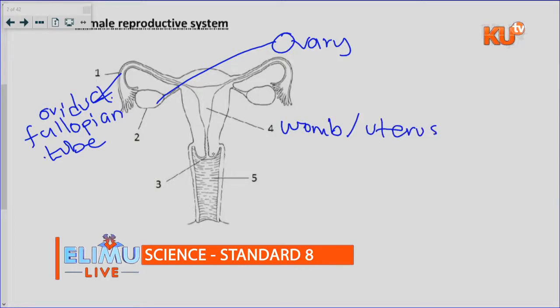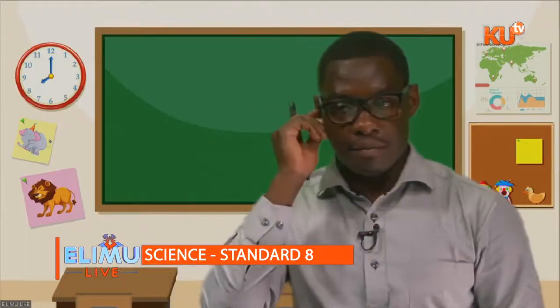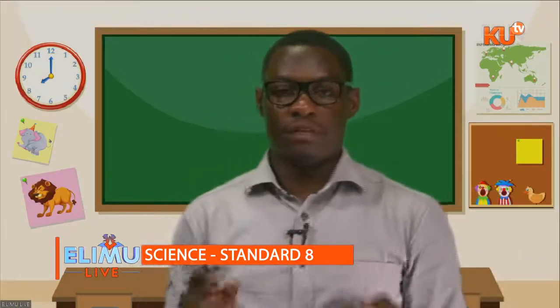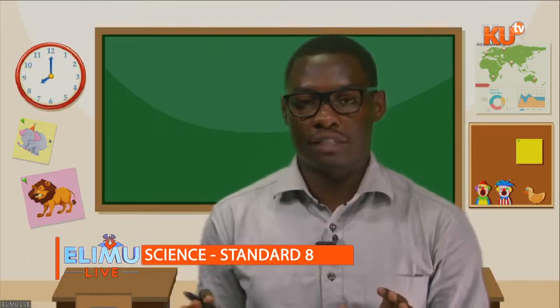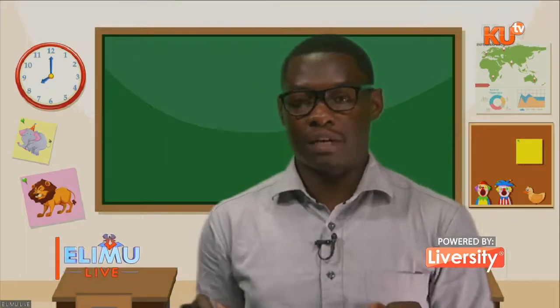Number three is cervix. Number five is vagina. And then we have what you call the vulva here. So these are the parts of the female reproductive system, and that is the diagram that shows the female reproductive system. Now these parts of the female reproductive system perform different functions.